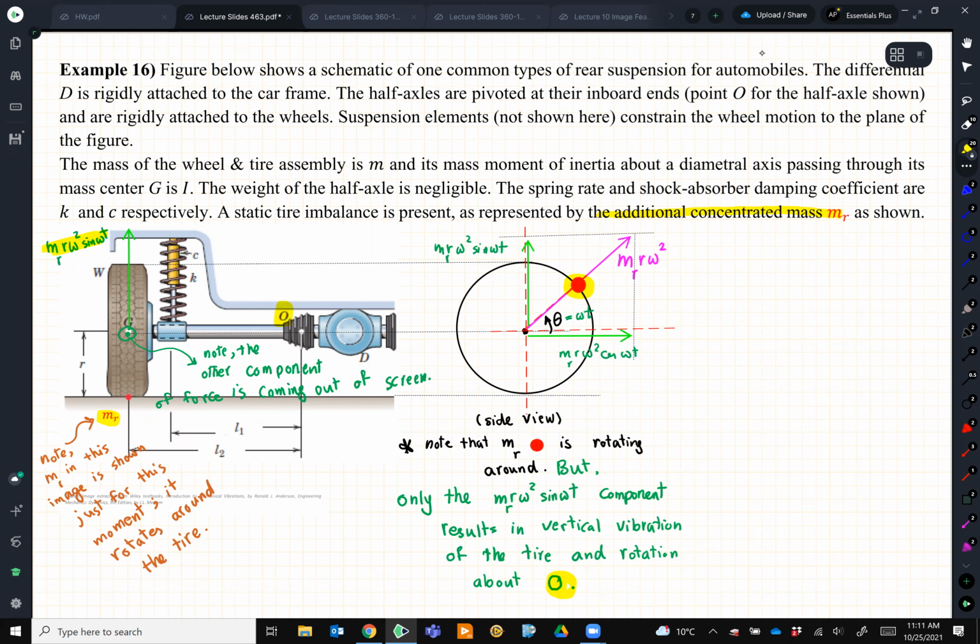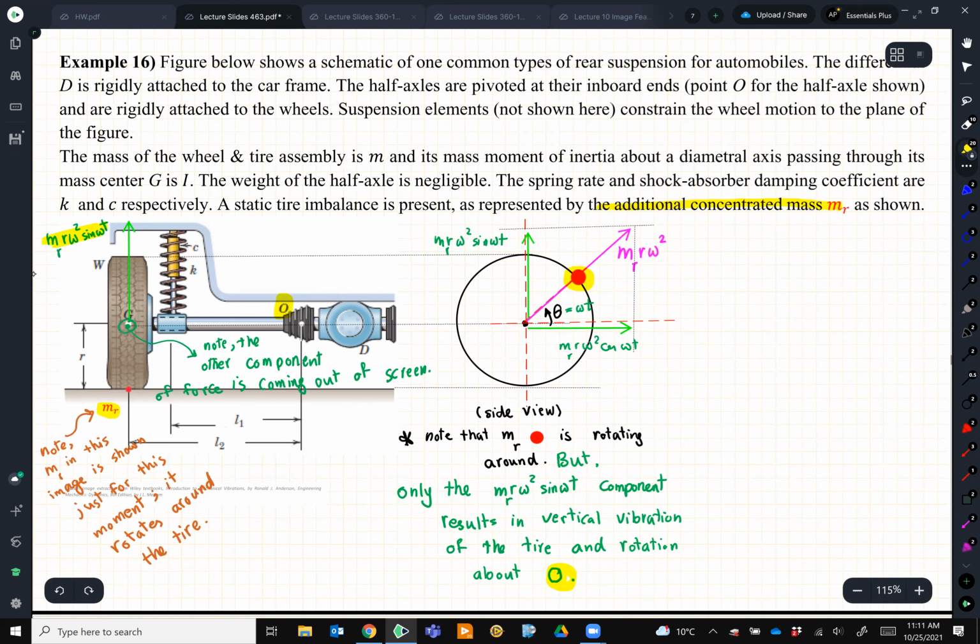And like this example, after you simplify it, let me go over it quickly. It shows part of a chassis for a car, and like the differential, O is the point that the whole tire and this assembly can pivot about.